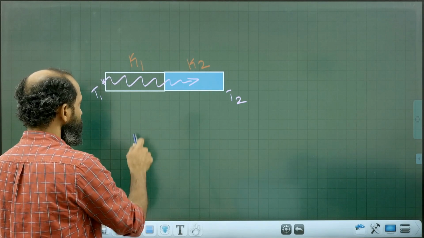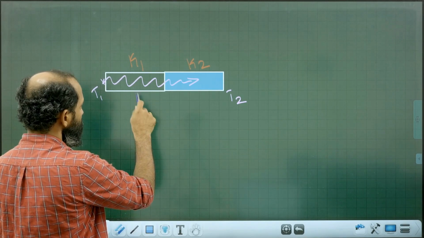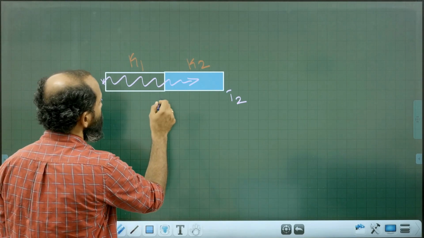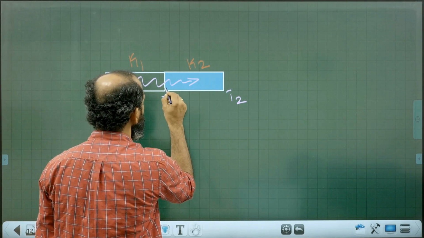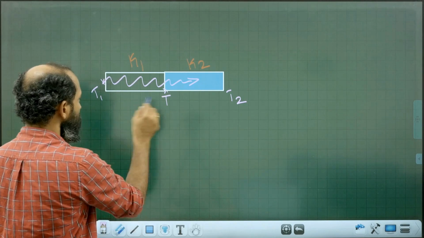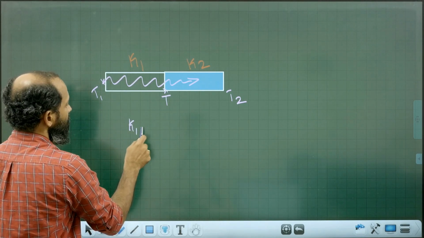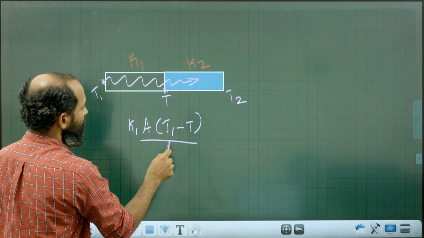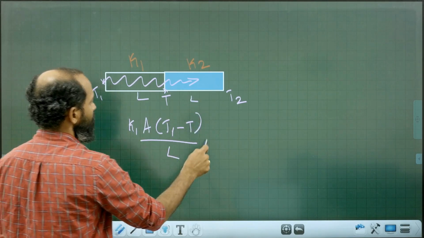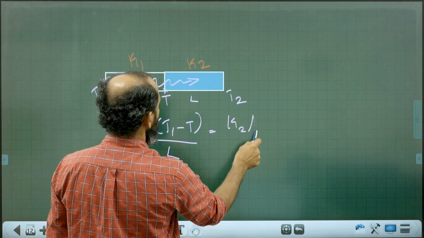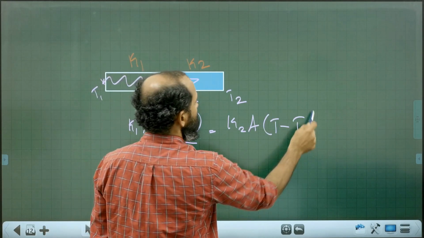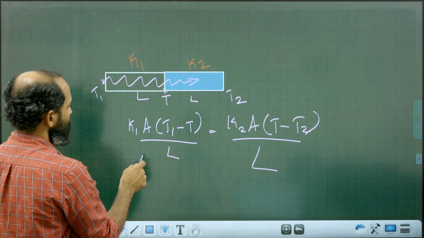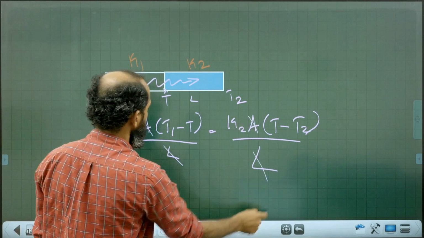Now, in this, we may be asked about the temperature of the interface. So, as heat is constant, K1 A (T1 minus T) divided by L, length being the same, equals K2 A (T minus T2) divided by L, which can be used for solving this. A and L get cancelled.